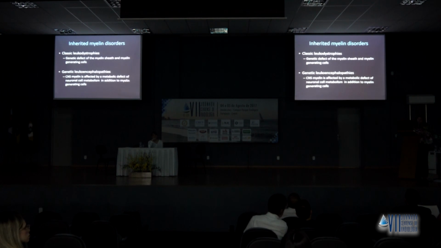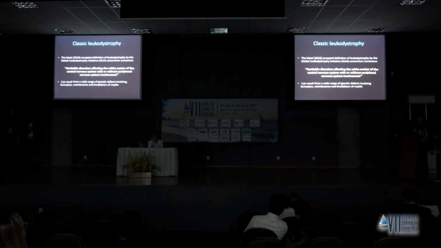The leukoencephalopathies will primarily involve both. I'm going to be talking about just the classic leukodystrophies, and the definition that the GLIA Consortium has put out for a classic leukodystrophy is heritable disorders affecting the white matter of the central nervous system with or without peripheral nervous system involvement.